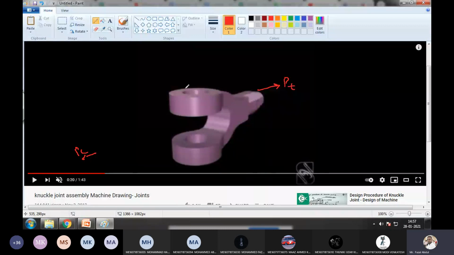Because of that, at this section the failure is going to happen. This is the failure area I'm drawing.